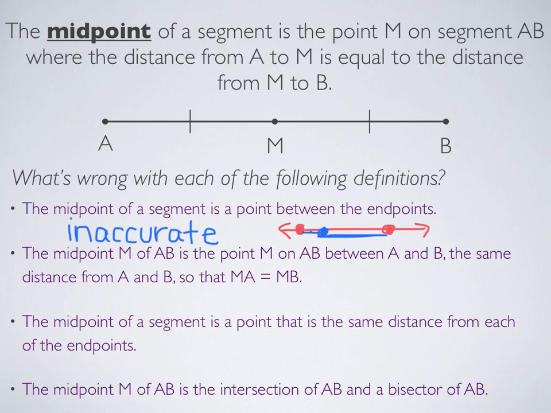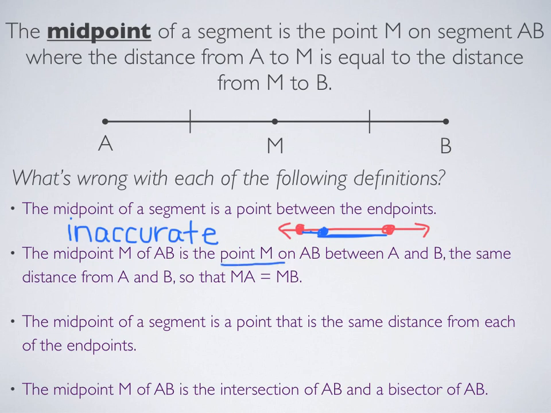Okay, let's look at the next one. The midpoint M of AB is the point M on AB between A and B, the same distance from A and B, so that MA is equal to MB. Whew, that's a lot of stuff. First of all, I want to point something out.